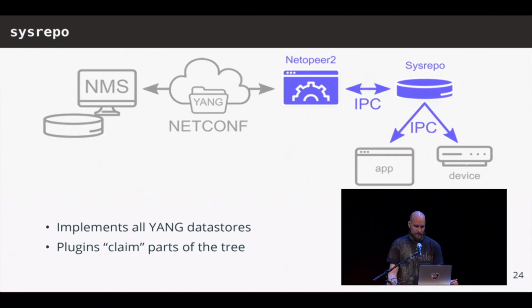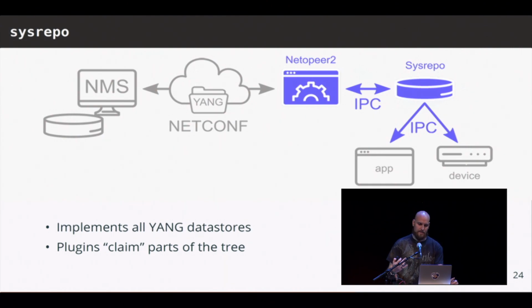So this is a bit of an architecture of sysrepo. There's the network management system, which has the models and talks NETCONF. Then there's netopeer that is installed on the system. It exposes an SSH port for communication. Then it does some IPC to the data store.